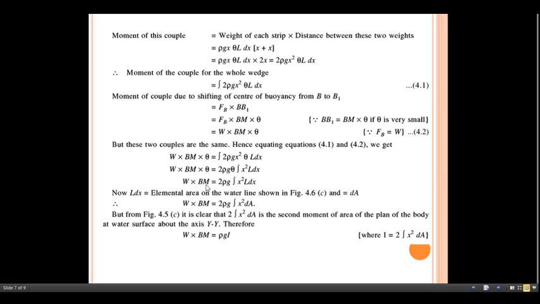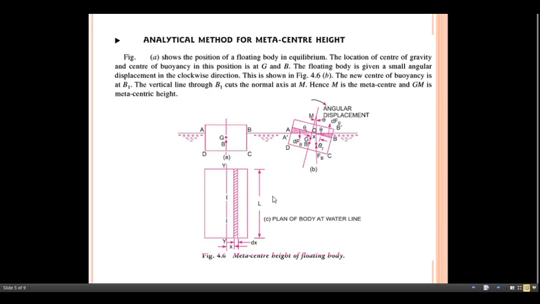Then W multiplied by BM equals 2 rho g times the remaining term. Now this L into dx is nothing but the elemental area on the water line in this figure, which must equal dA.